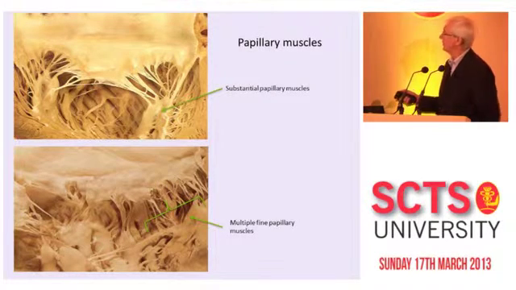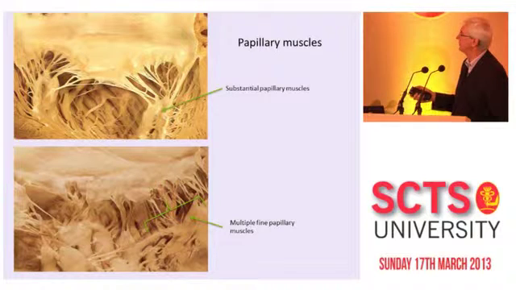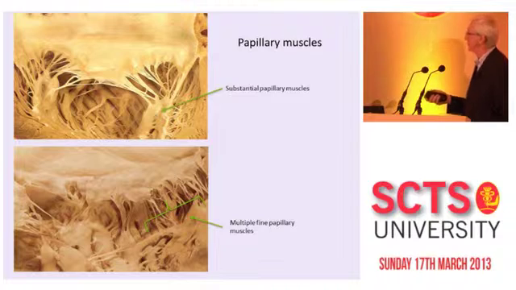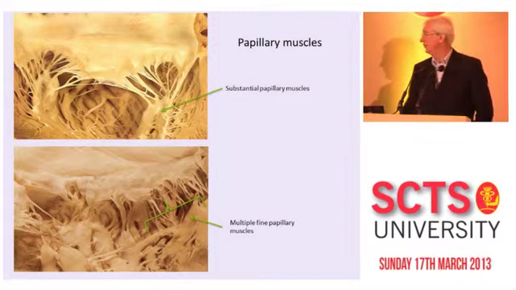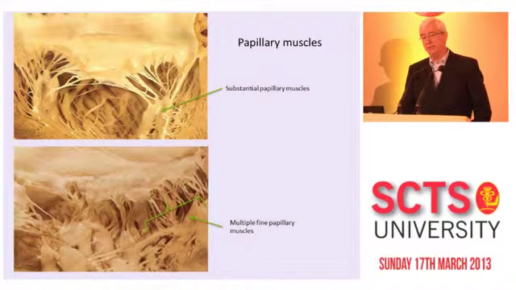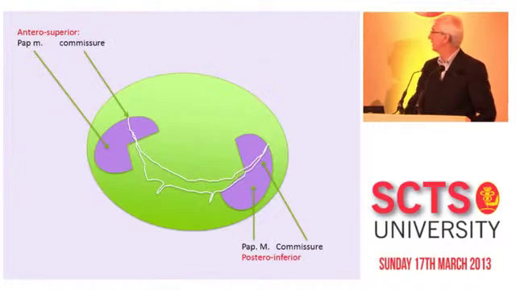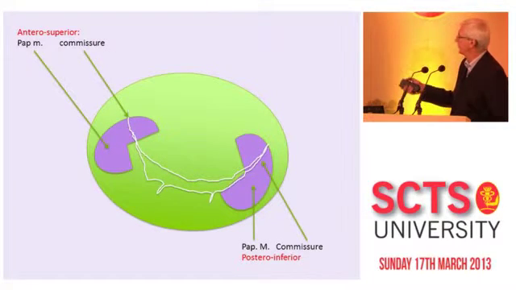Quickly moving on to the papillary muscles, this is the standard arrangement with two substantive groups of papillary muscles, anterolateral and posteromedial. But you find many patients with mitral regurgitation have these multiple fine papillary muscle heads, usually in the inferomedial portion, where the papillary muscle is not one structure like this.